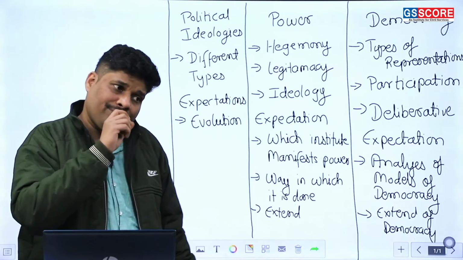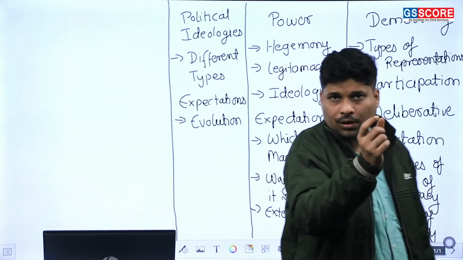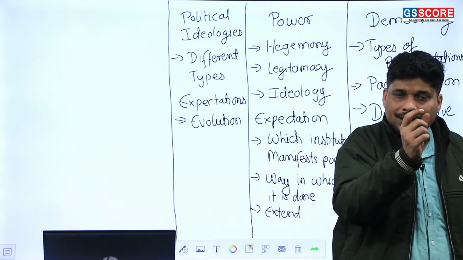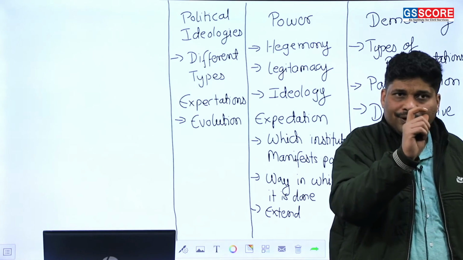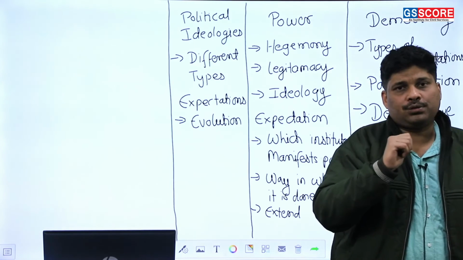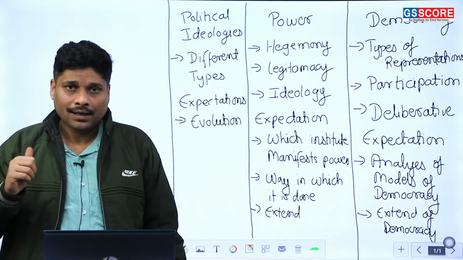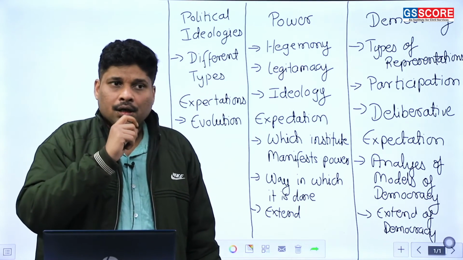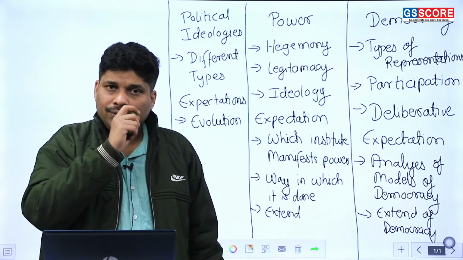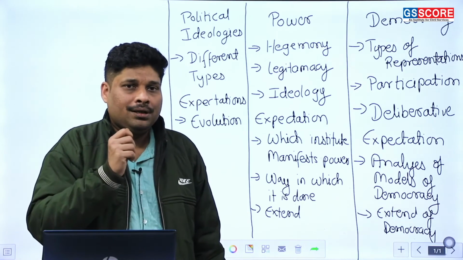For example, the way classical liberals saw the state is different from the way positive liberals saw it, and different again from the way neoliberals saw it, or are seeing it.